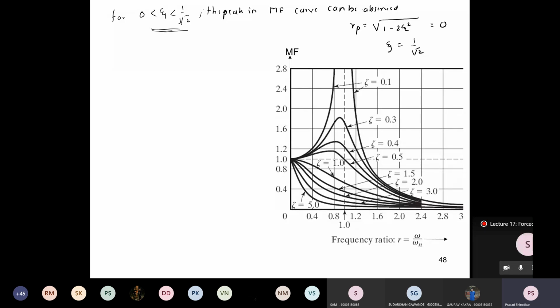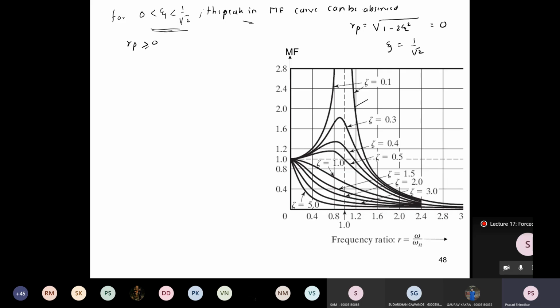Only when that happens, RP will be greater than or equal to 0. So as long as RP is greater than or equal to 0, or this term under the root is greater than 0, you will see these peaks in all these magnification factor curves.